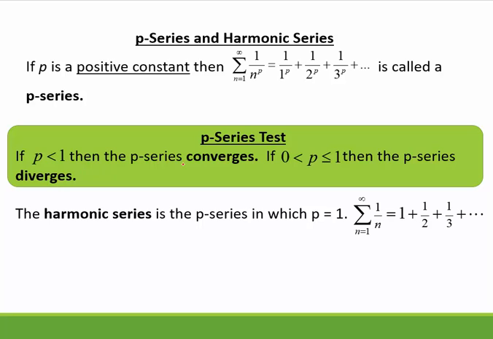And if P is less than 1, that series is going to converge, but if you're between 0 and 1, the P-series diverges. And a common one is a harmonic series, where P equals 1, and that is actually going to diverge because P is between 0 and 1.